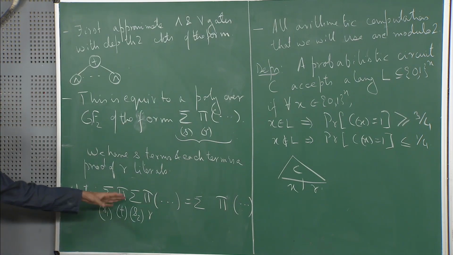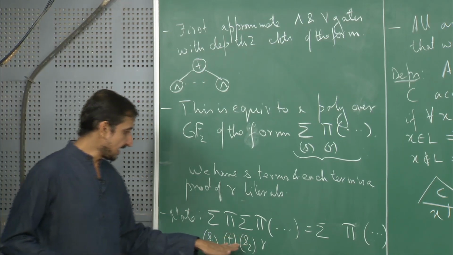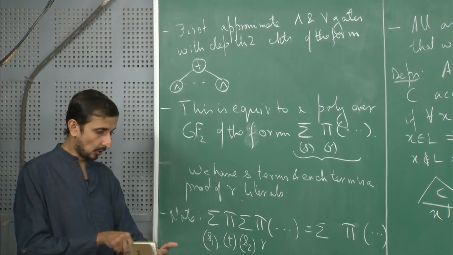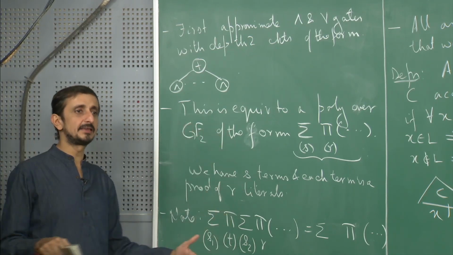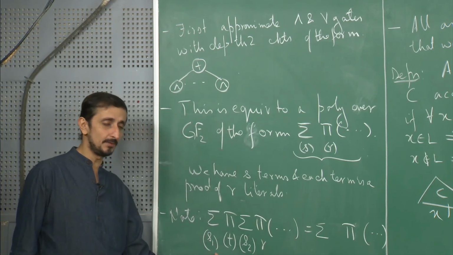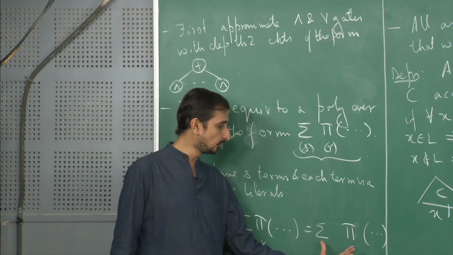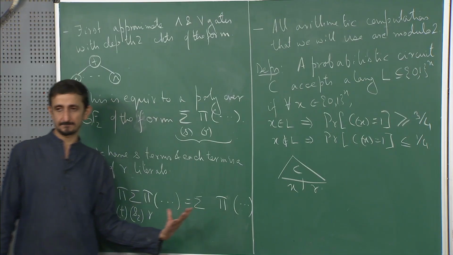Essentially, I have a product of some literals and I am summing them, and then again I am taking the product of those and again summing them. If I have something of this form, how can I convert it to a polynomial of the form sigma pi?